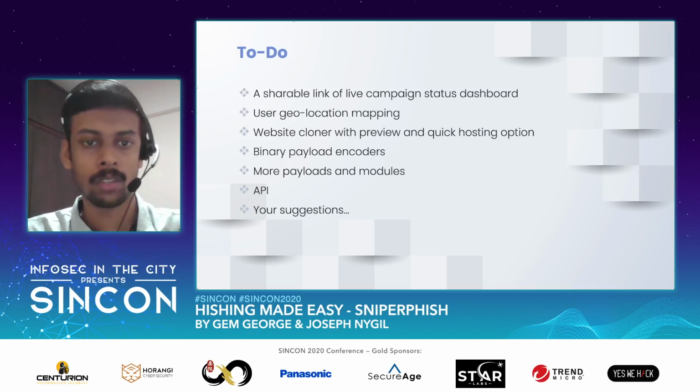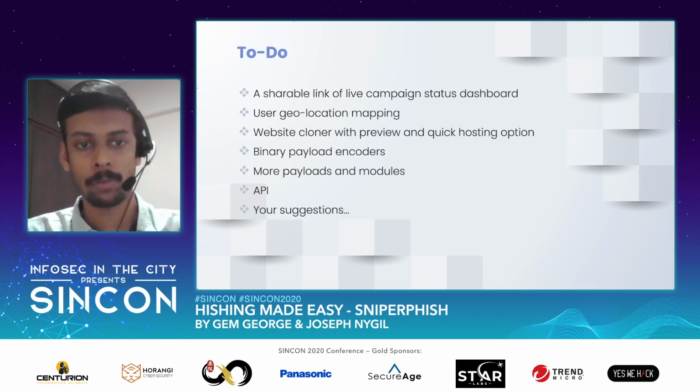Binary payloads and codes. Suppose you are sending a phishing email with binary payloads, you can have the option to encode them with the help of SniperPhish. We can convert them into any other format or a plain text format using the payload encoders. And you can use that along with the phishing campaign.